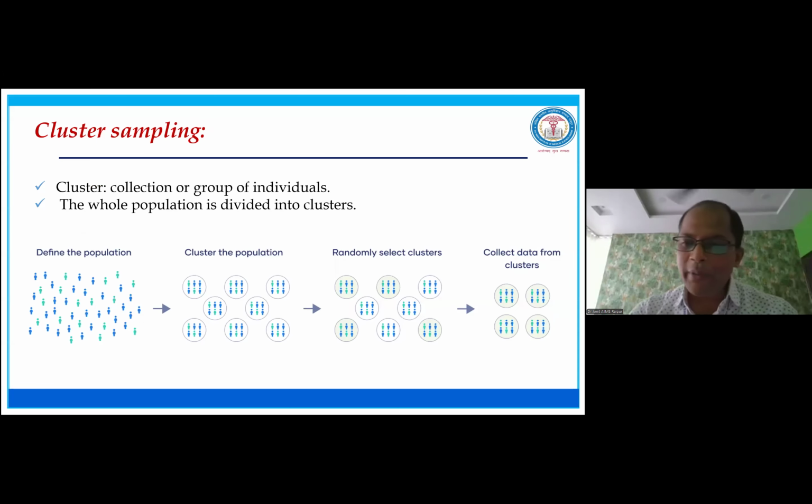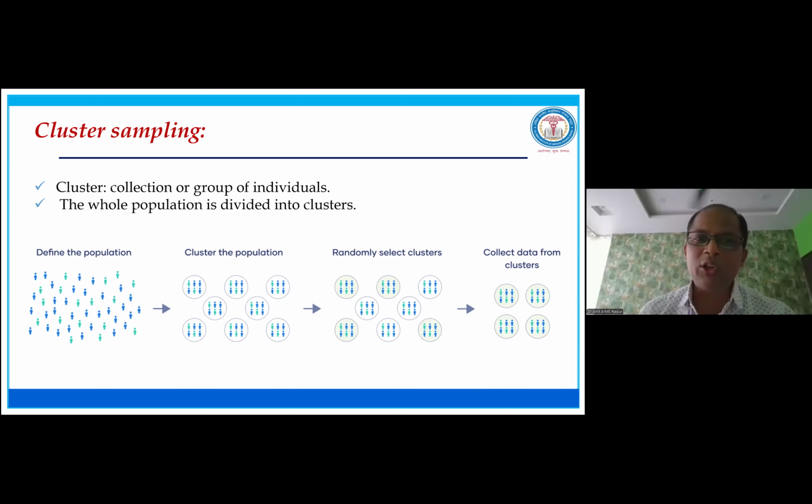Another probability sampling is cluster sampling. When the target population or the reference population is in a greater geographical area, sometimes it is also known as area sampling. Usually what we do is we take cluster sampling. What is cluster?